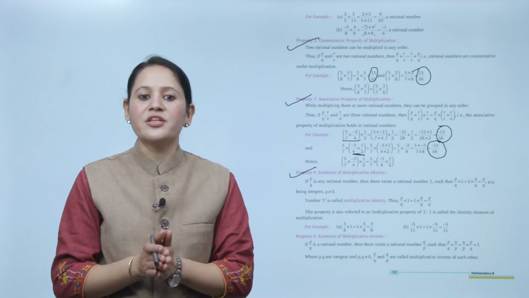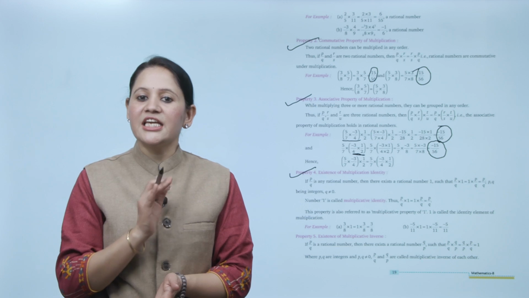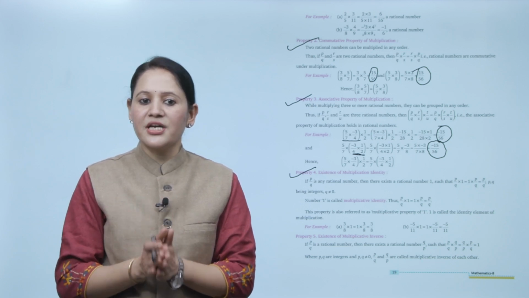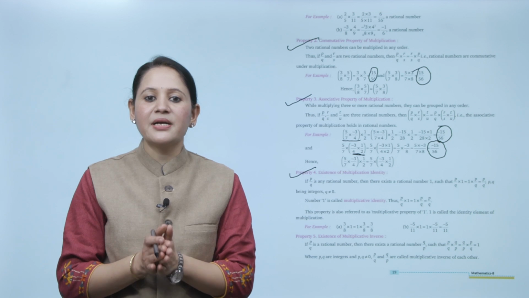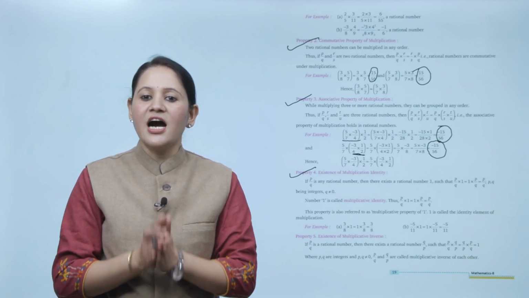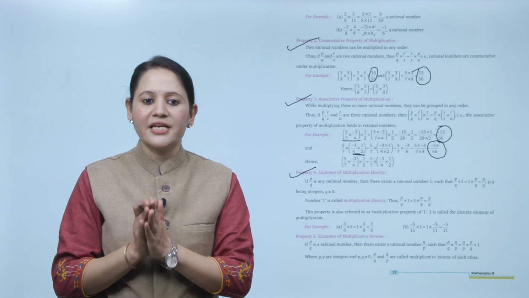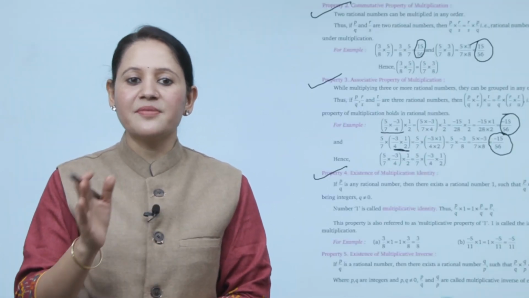Number 1 is called the multiplicative identity. Thus, P upon Q multiplied by 1 equals to 1 into P upon Q, that is P upon Q. This property is also referred as multiplicative property of 1. 1 is called the identity element of multiplication. For example, 3 by 8 multiplied by 1 will give you 3 by 8.